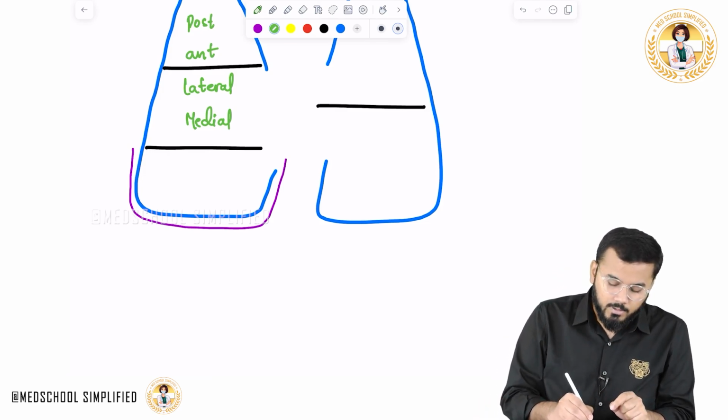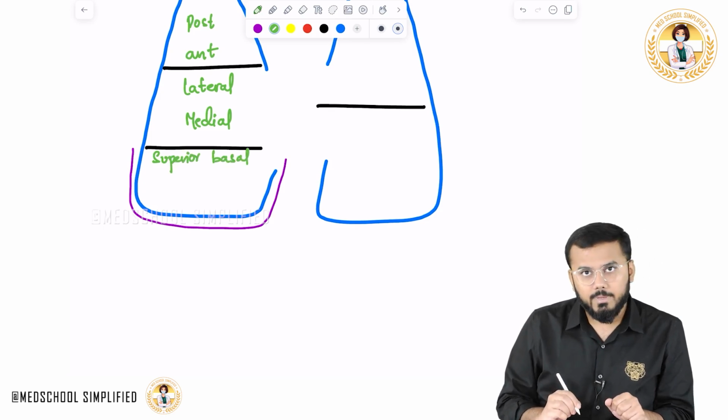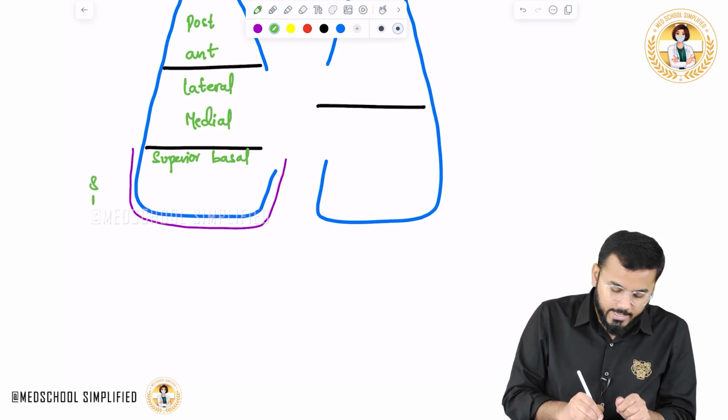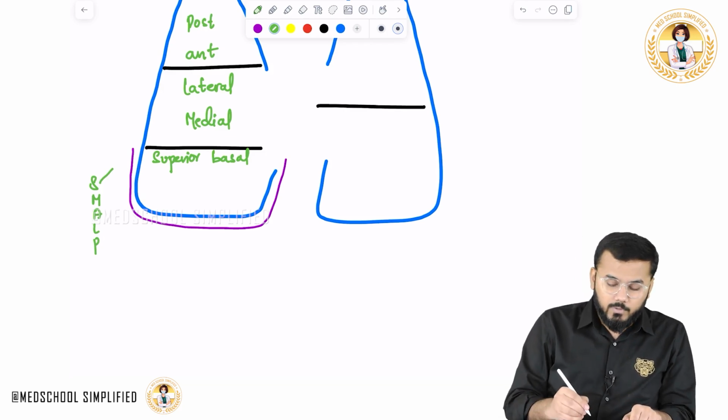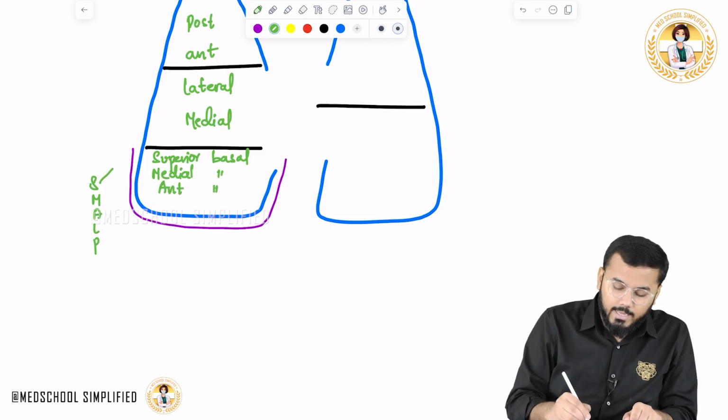For example, here superior basal. Just remember a mnemonic, this one, SMALP, small p. S stands for superior basal. What does M stand for? M stands for medial basal. Next, A stands for anterior basal. L stands for lateral basal and P stands for posterior basal.